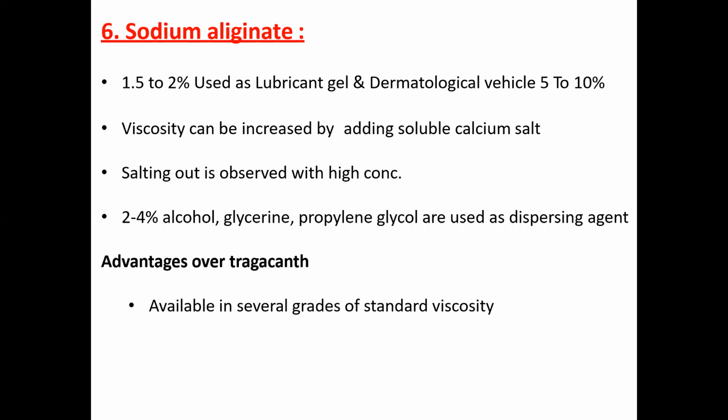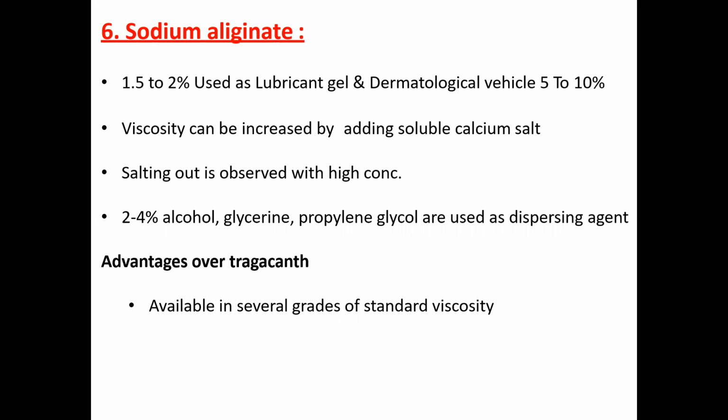Next gelling agent, that is sodium alginate. Sodium alginate is used at 1.5% to 2% as a lubricating gel, and as a dermatological vehicle at 5 to 10%. The viscosity of sodium alginate can be increased by addition of a soluble calcium salt.